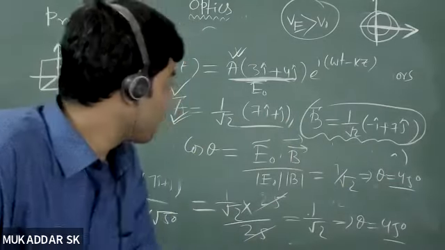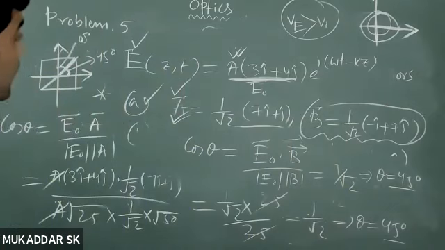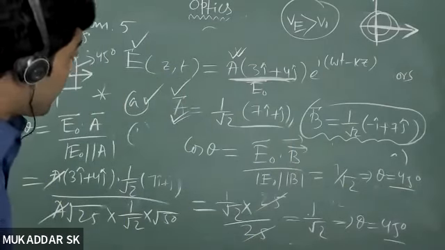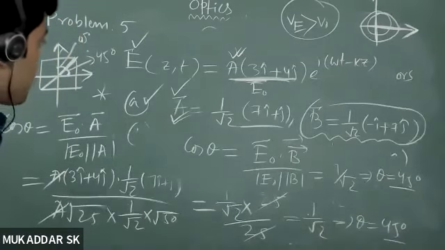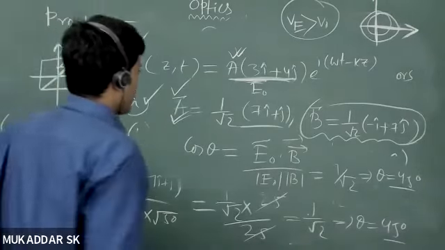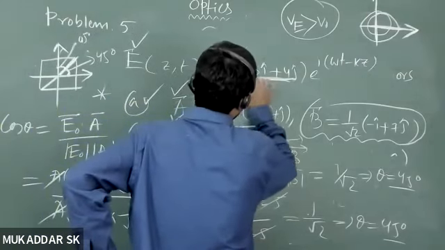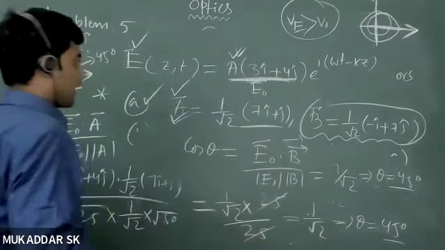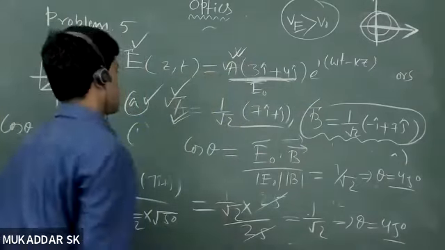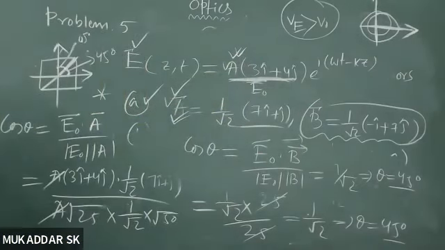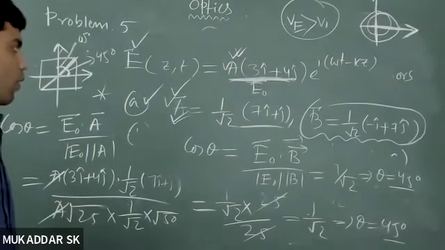To convert any light into circularly polarized light using a quarter wave plate, the angle between the direction of the first axis and the direction of electric field oscillation should be 45 degrees, whether it is a positive crystal or a negative crystal.